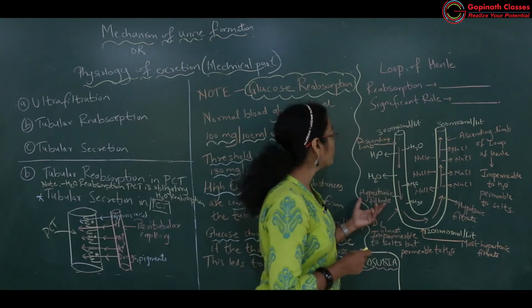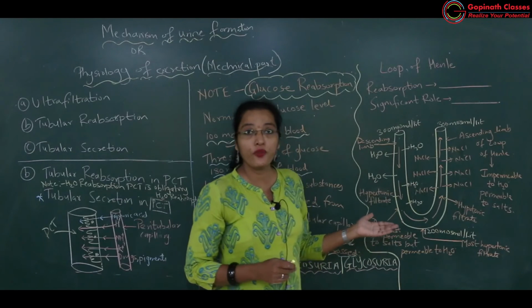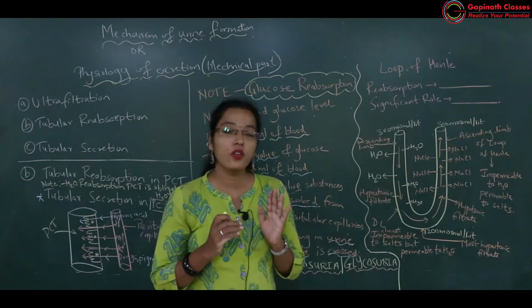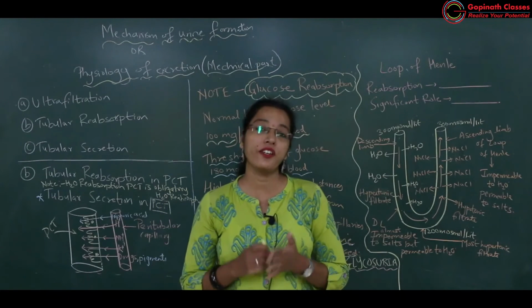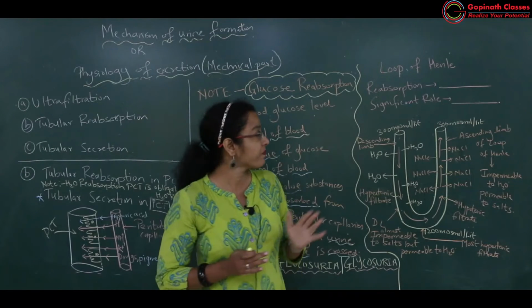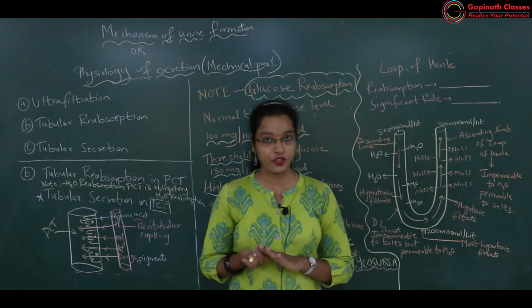Okay, so in the U shape loop of Henle, what will be reabsorbed and what will be secreted? Actually speaking, loop of Henle is the region wherein there will be minimum tubular reabsorption, okay, and tubular secretion.